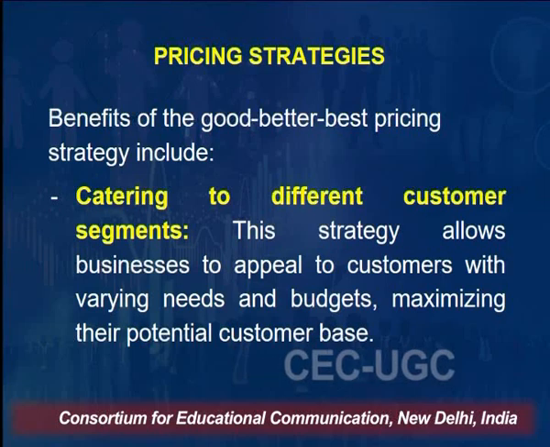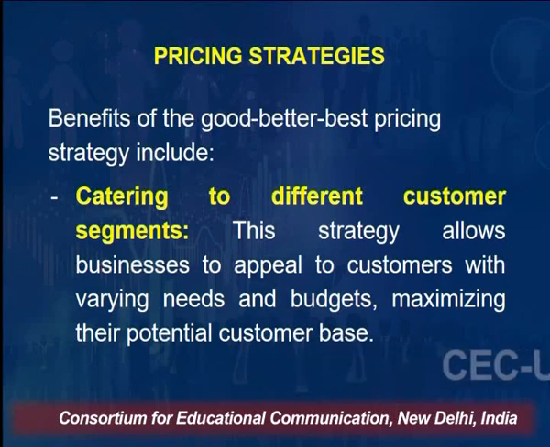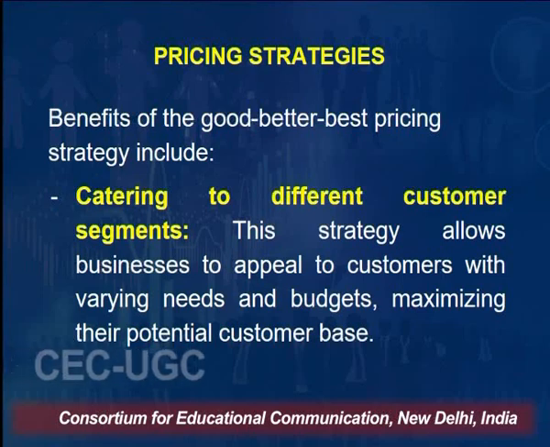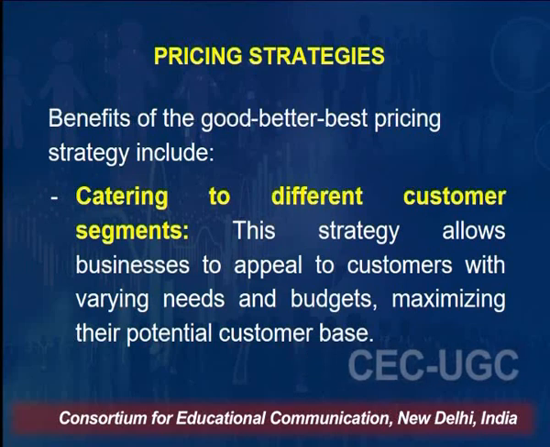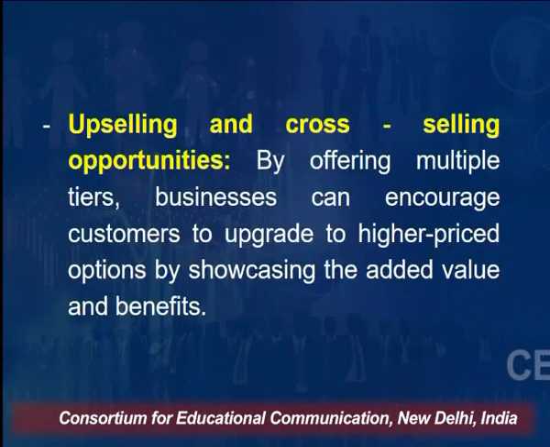Now, the benefit of a good, better, best strategy is that it helps in catering to different types of customers. This strategy allows the business to appeal to customers with varying needs and budgets, maximizing their potential customer base, with upselling and cross selling opportunities.